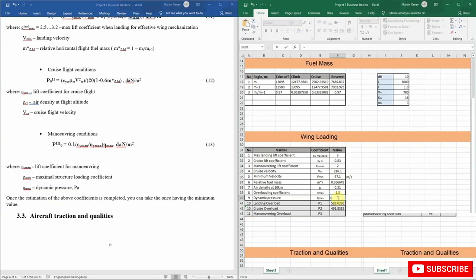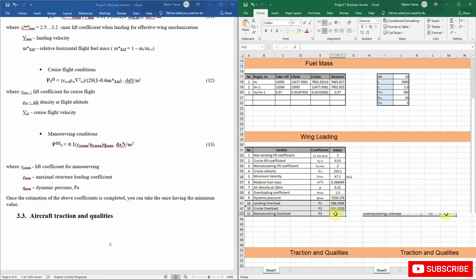It is usually equal to the density at certain altitude multiplied by the squared velocity, and this is going to be divided by 2. This is the dynamic pressure at certain altitude with certain speed. And we're getting 7,238 for the dynamic pressure.